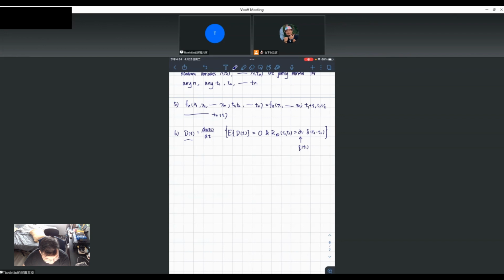For the next one is the mean ergodic process, which is also an equation. It's the limit as T goes to infinity of 1 over 2T, integral from negative T to T of X(t) dt, which equals the expected value of X(t) in the mean square sense.